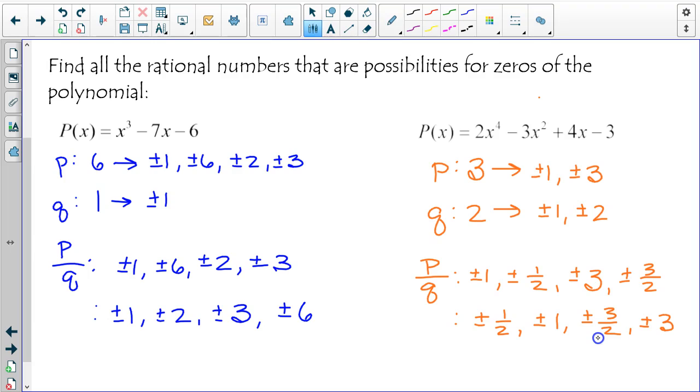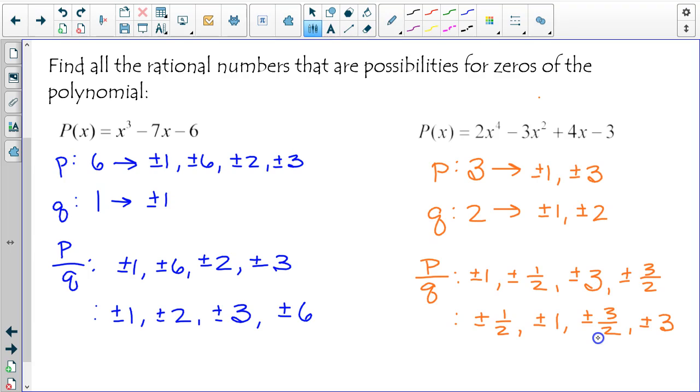Now, how am I going to figure out if they are in fact a rational zero? What would I do? How do we know when something's a zero? You plug it into the equation? Or I could just do synthetic division, which is easier a lot of times than trying to plug that number in without a calculator, right?